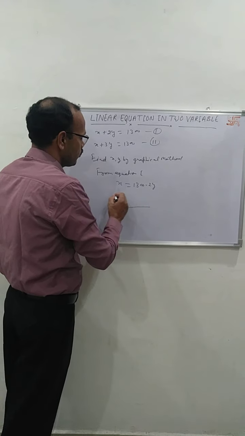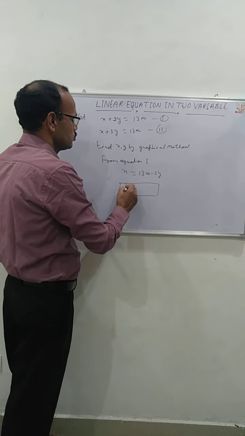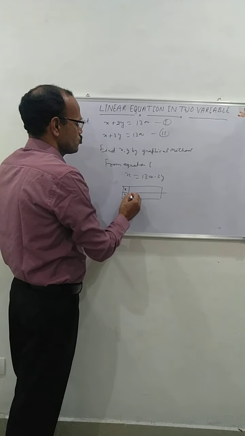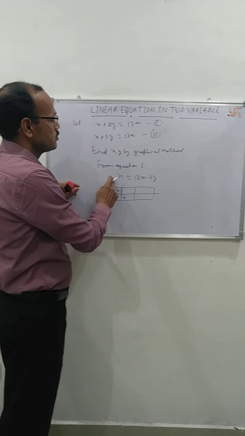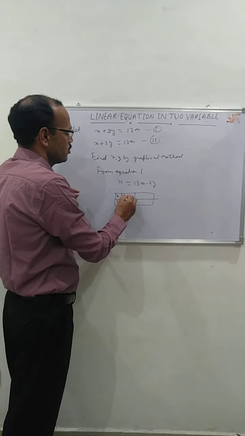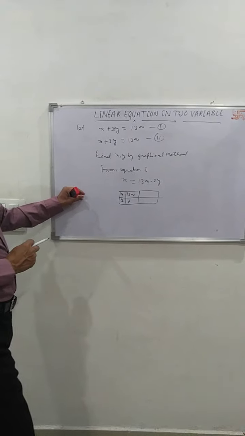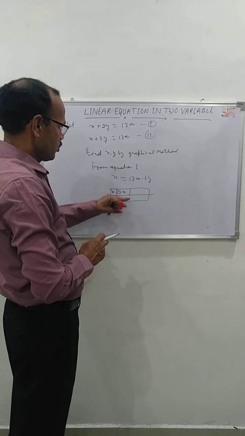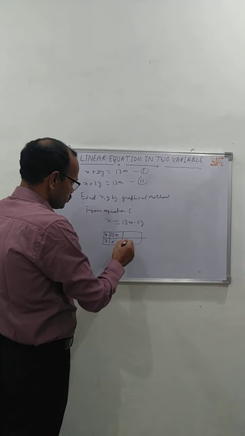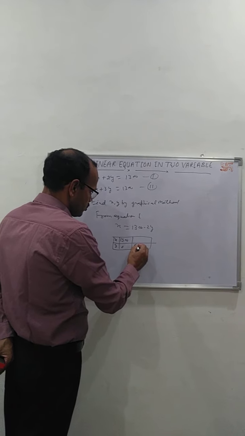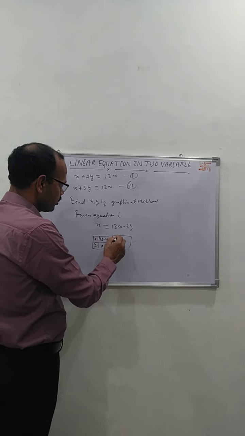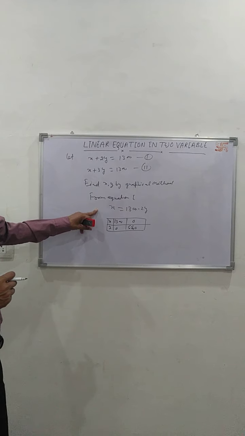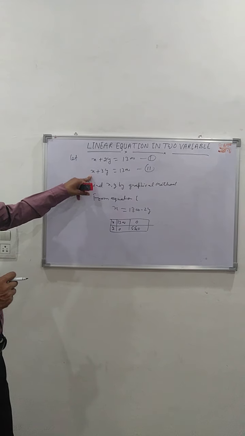Suppose we have considered y is equal to 0. In that case, we get x is equal to 1300. In a similar manner, suppose we take y is equal to 650, then we get x is equal to 0. In a similar manner, we find two values of x and y from the second equation.